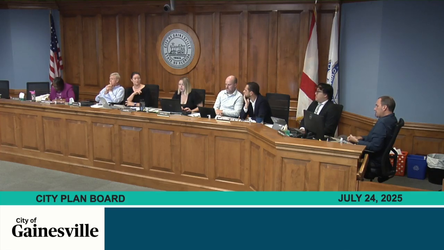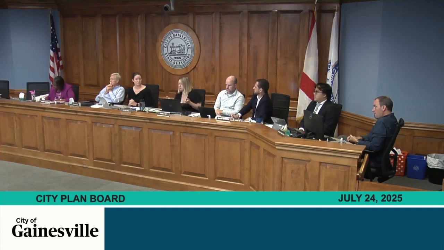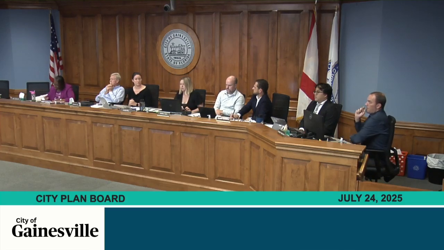The U6 density by right is 50, right? But the U4 is only 20. So it'd be a difference of 375 new units versus up to 150. I know we're talking technically on the land use one, but since the presentation was on the zoning too, that's what I'm sensing is more of a concern, because I don't have a problem with mixed use. It's the transect zoning that seems to be the issue.